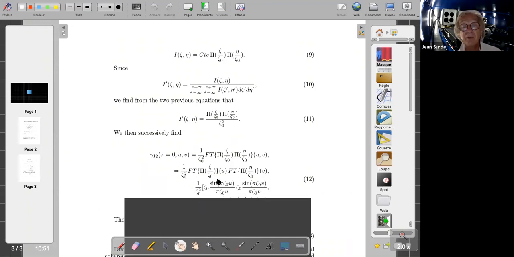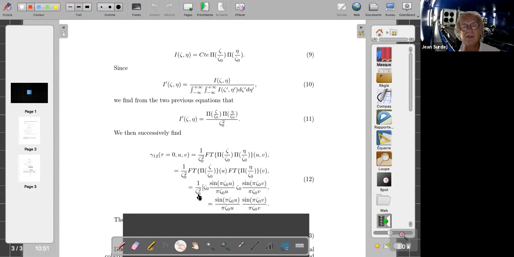Now, the Fourier transform of this Dor function is sin pi times u, but times zeta zero, because you have here a zeta zero in the denominator, divided by pi zeta zero u. And the same for the other Fourier transform. So now there is a nice simplification.